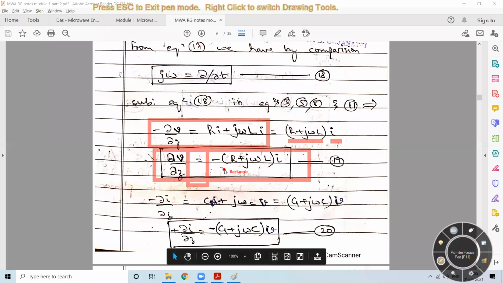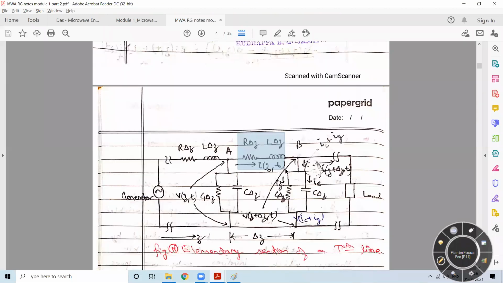But in the previous session, before starting transmission line, we had gone through some basics. What is r plus j omega L? It is nothing but z, that is in the transmission lines. You can observe here we have R and L components.